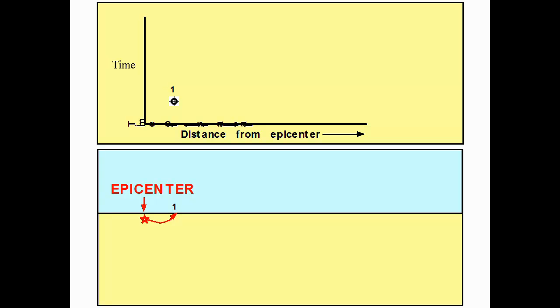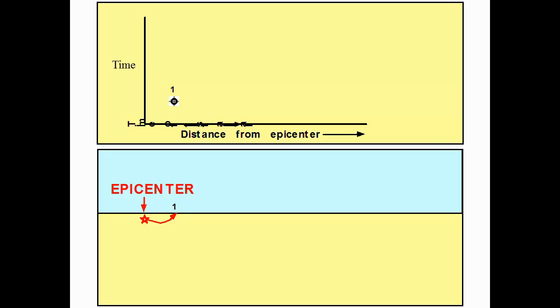Okay. So this is a time distance graph where the epicenter plots at the origin. Now, the location of seismograph station 1 is measuring the direct wave.